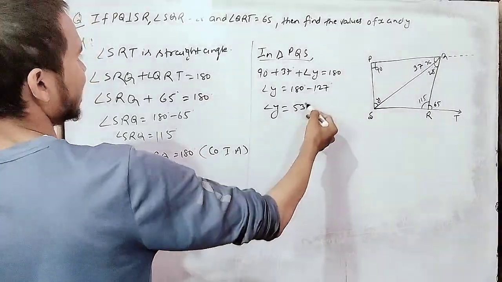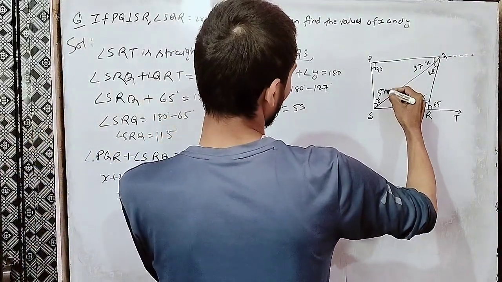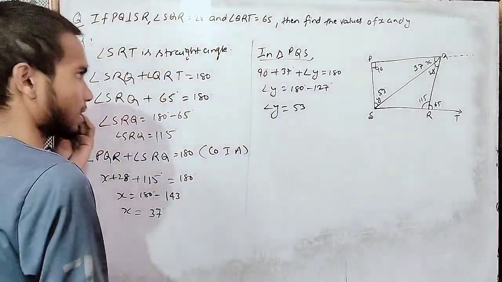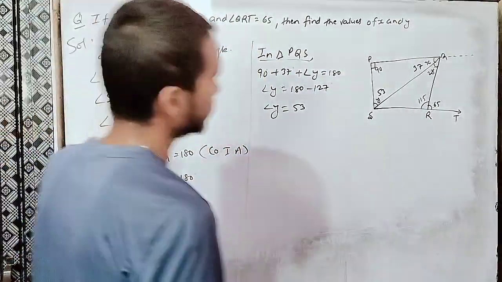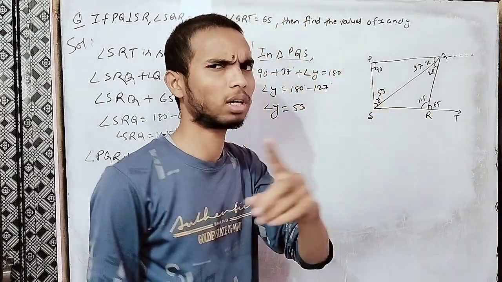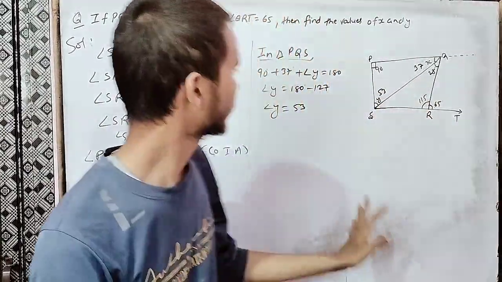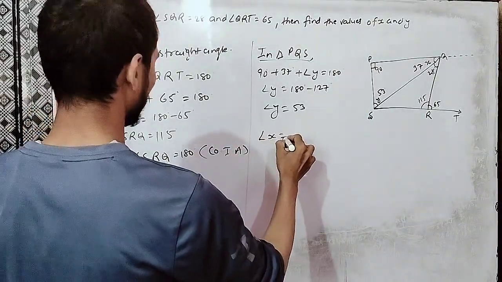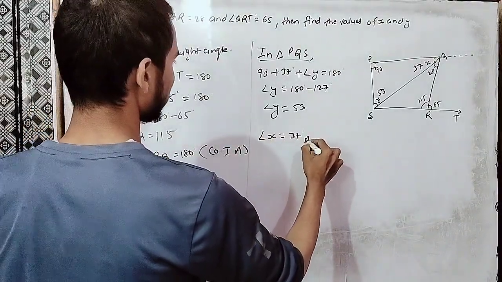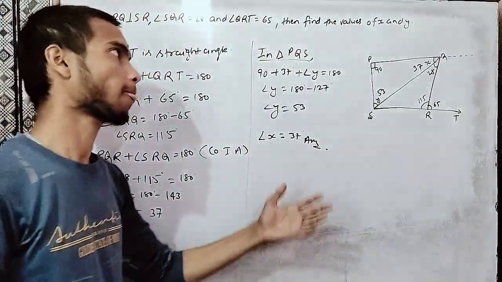We can check whether our answer is correct: 53 plus 90 is 143, plus 37 is 180. And x is 37. This was the question.